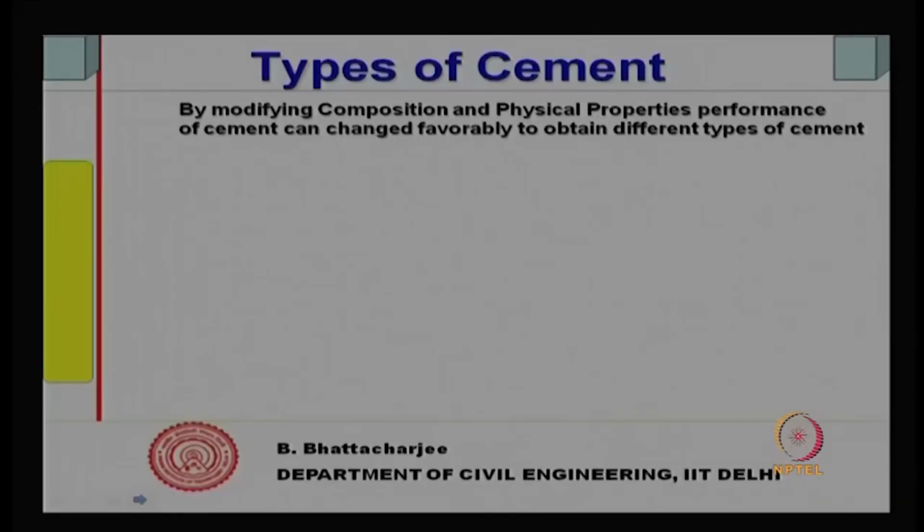So, we will discuss this from this slide onwards in the next class, that by modifying composition and physical properties, because physical properties means fineness, for example. So, by modifying physical properties and composition of cement, their properties can be changed favorably to obtain various types of cements, and this is what we will discuss in the next class.